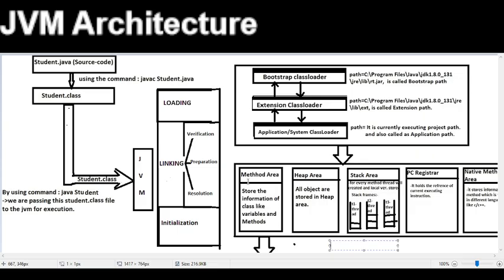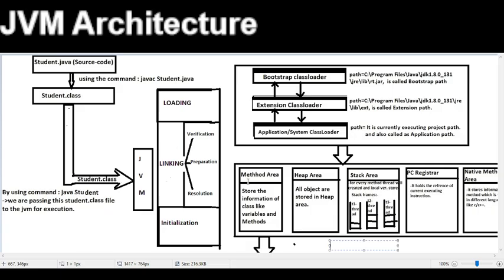First one is verification, second one is preparation, and third one is resolution. And finally, after the linking phase, one more phase is there, that is the initialization phase. So we are going to elaborate the loading phase. Let's start the loading phase.